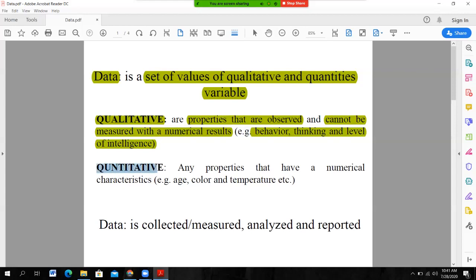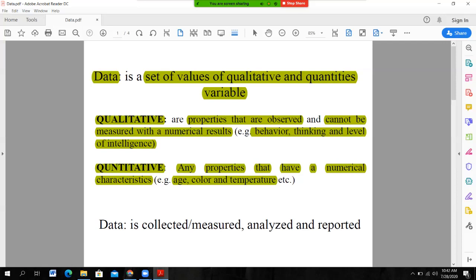Quantitative properties is any property or variable that has numerical characteristics that can be measured numerically, like age, color, temperature. Age can take any numerical value, while temperature also has any type of numerical value. So data is actually a set of values of qualitative and quantitative variable.